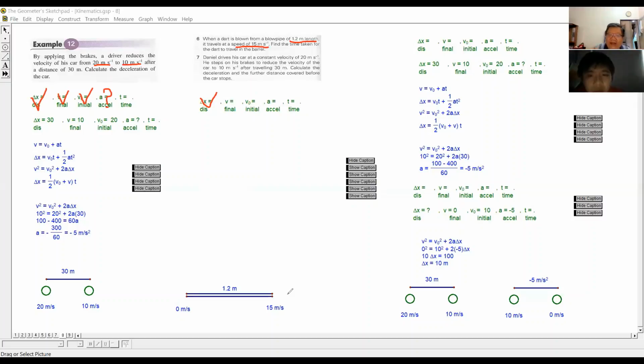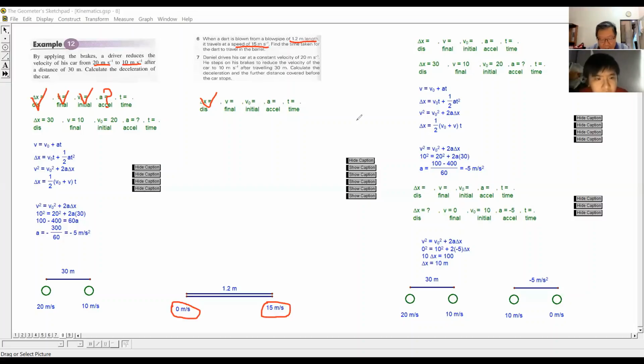But if it is inside the blowpipe, the initial velocity is 0 and the final velocity is 15. If you count from outside the blowpipe, then the initial velocity is 15, and you would see how far it travels from there. But that is not the case.